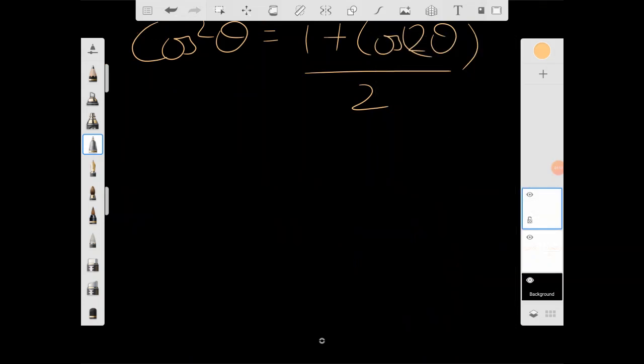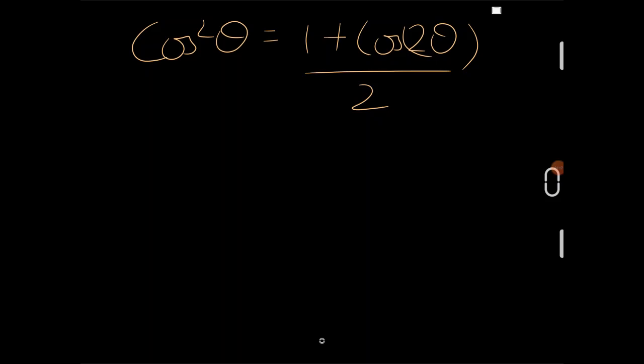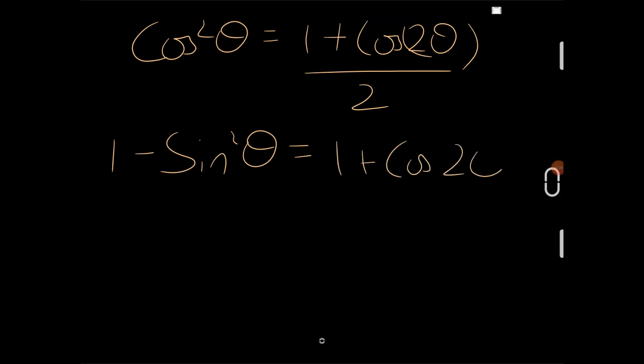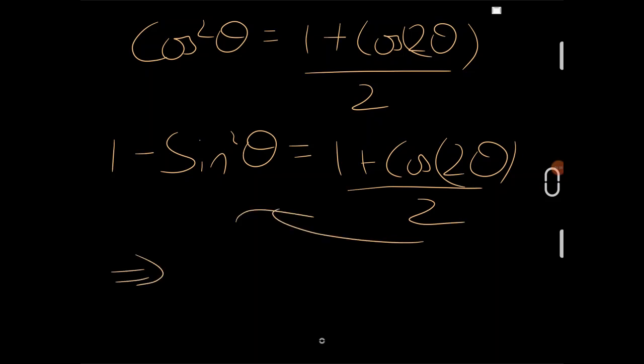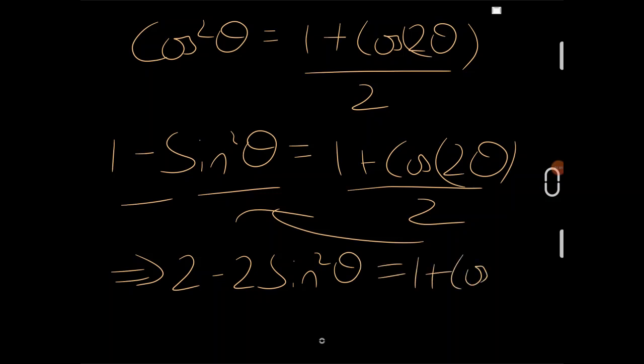That means 1 minus sine square theta is equal to 1 plus cos 2 theta divided by 2, which implies, I am multiplying 2 with both sides. That will be 2 minus 2 sine square theta is equal to 1 plus cos 2 theta.